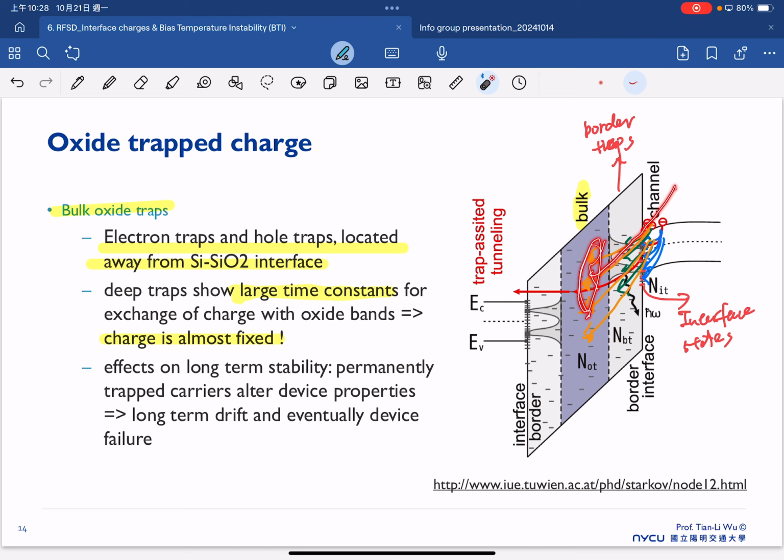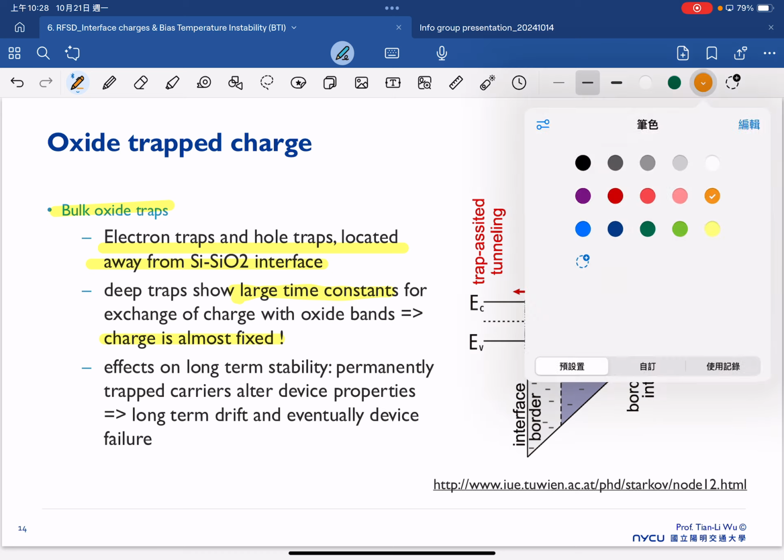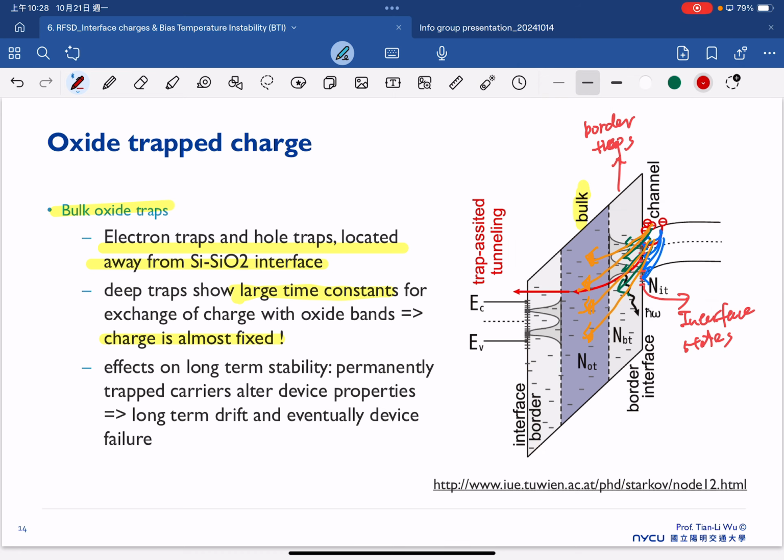So that becomes almost a fixed charge. That's why people came up with trapping inside the bulk, because if it only trapped in the interface state, it's very shallow. Ideally, the shallow trap should be immediate to detrap, so the time constant is very small. But if we trap deeper, the time constant will be very, very large. So this means our detrapping is slow.